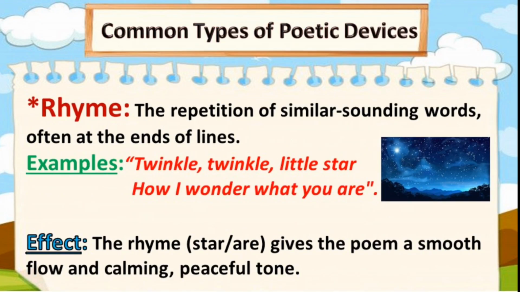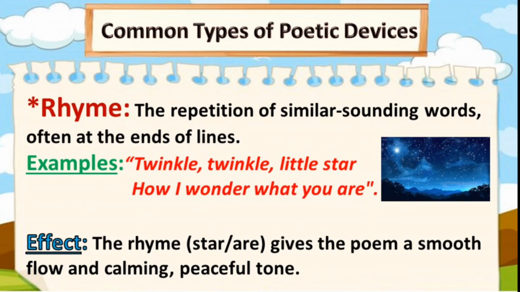The most common type is rhyme, the repetition of similar sounding words often at the ends of the lines. As we have seen in poems, similar sounding words are often used at the end of the lines. For example, twinkle, twinkle, little star, how I wonder what you are.